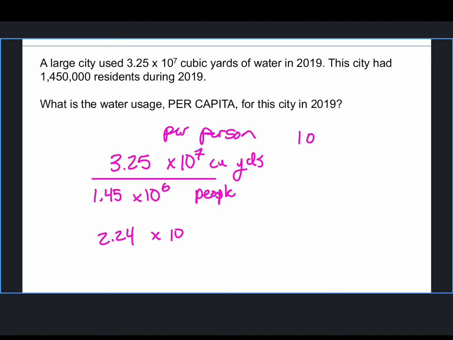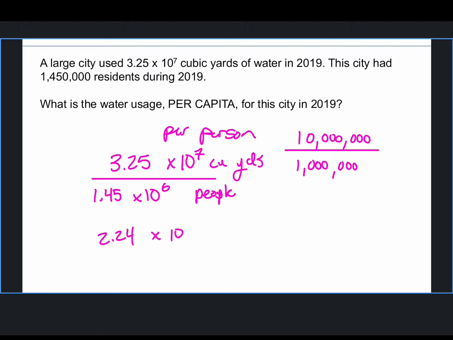So 10 million divided by 10 to the 6th, which is just 1 million. And if you don't already know this, like just off the top of your head, that's perfectly fine. Plug it into your calculator. 10 to the 7th divided by 10 to the 6th.